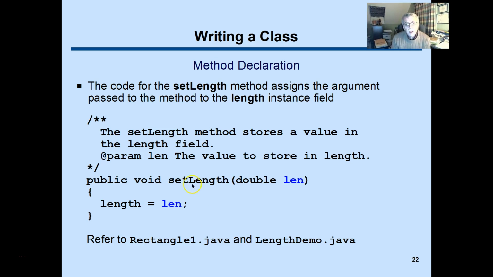So therefore, if this code was a little bit more complex, we would actually see the real benefit of the controlled access. Here, it's just taking whatever double is passed to it and assigning it. So even if you gave me a negative number, I would assign it to the length, which is not good. So ideally, if you gave me a number, I would first check it with a conditional statement, such as an if statement.